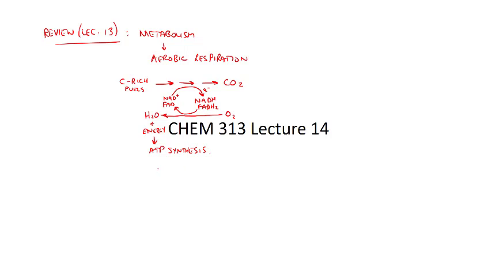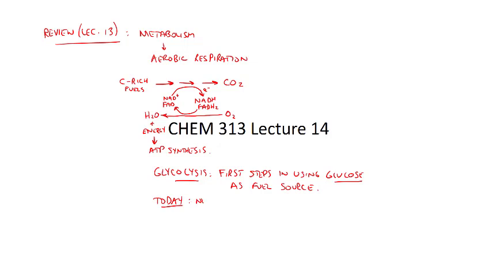So what we talked about last time was we introduced the topic by introducing glycolysis, which is the first steps in using glucose as a fuel source. So that means that today we're going to take a look at the next steps in glucose as a fuel source. And also we're going to be looking at fatty acids as a fuel source.